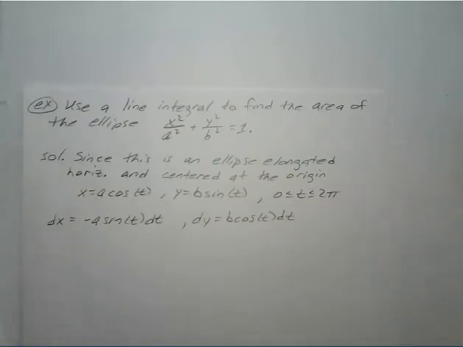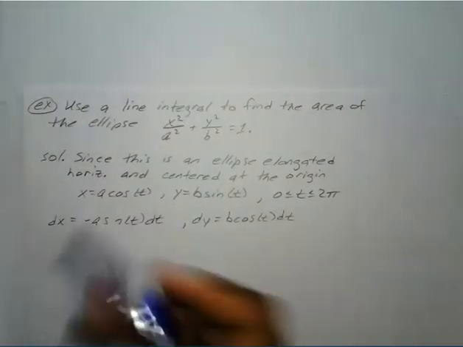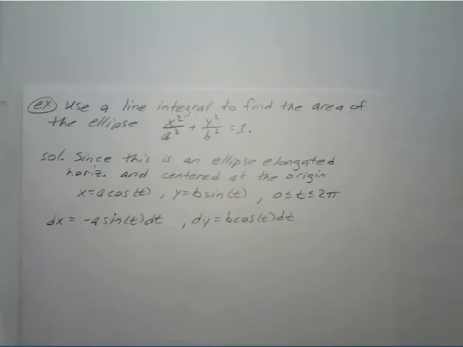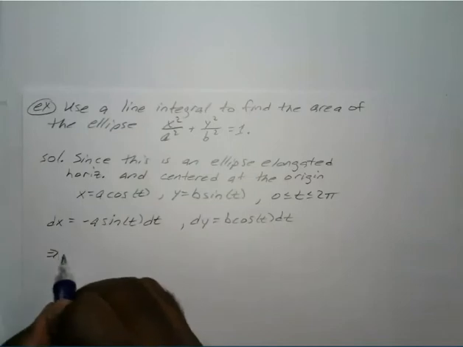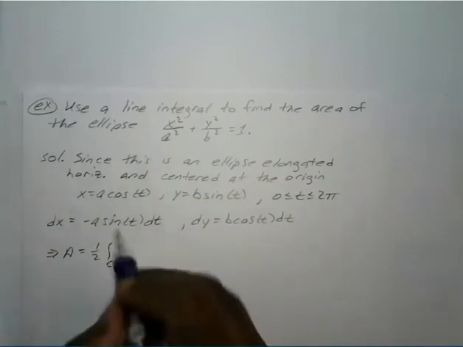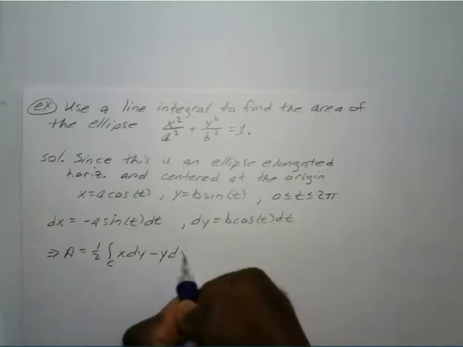All right, so just like before, we're going to go ahead and plug in our x, our y, our dx, and our dy in our area formula. Okay, so we know that the area is equal to 1/2 times x dy minus y dx.